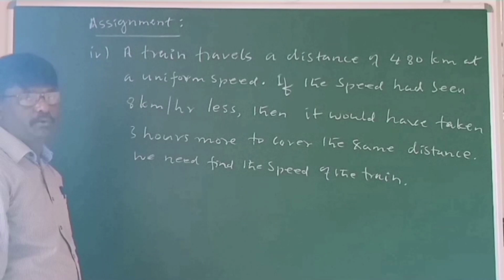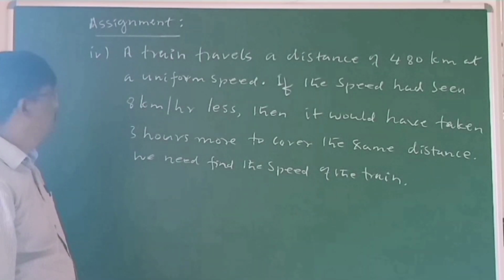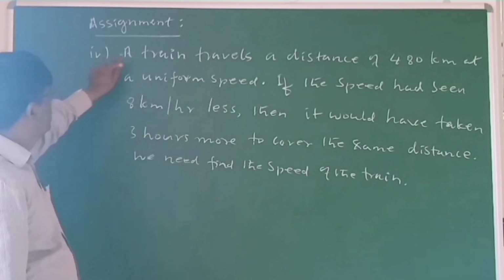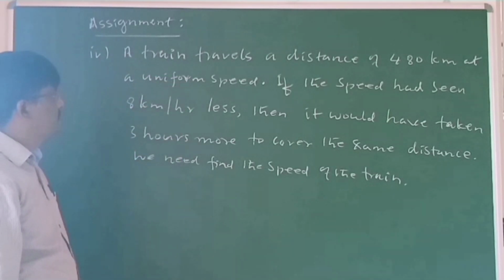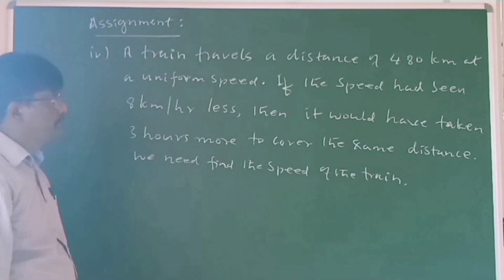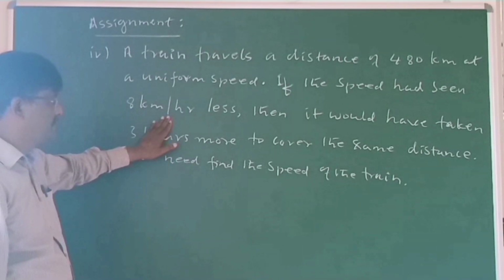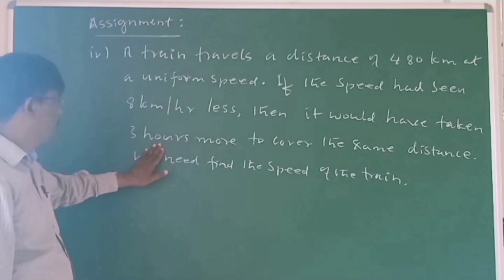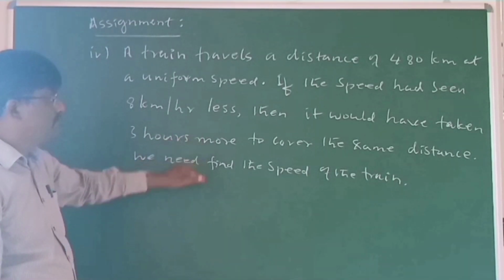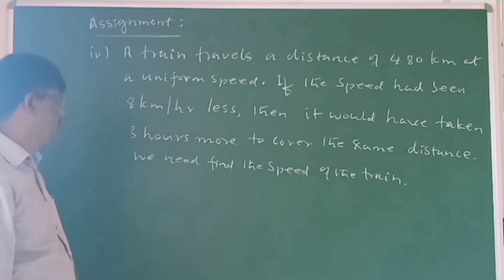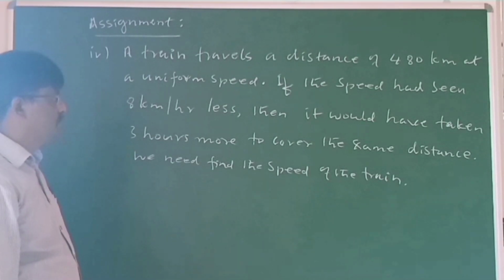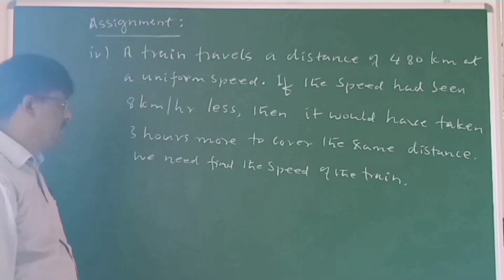I will give you only one simple assignment, not very simple. A train travels a distance of 480 km at a uniform speed. If the speed had been 8 km per hour less, then it would have taken 3 hours more to cover the same distance. We need to find the speed of the train.